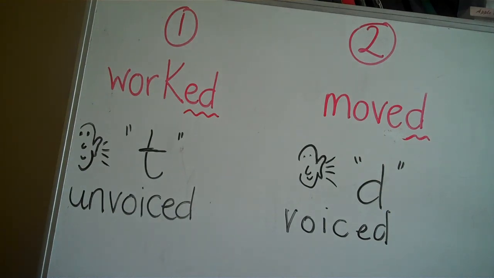It's voiced, lived. Talked, talked. Is it 1 or 2? Put your hand on your throat, talk. No moving. So, talked. The sound is T. It's number 1. It's unvoiced.